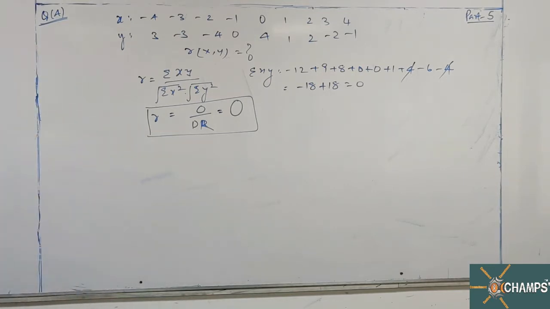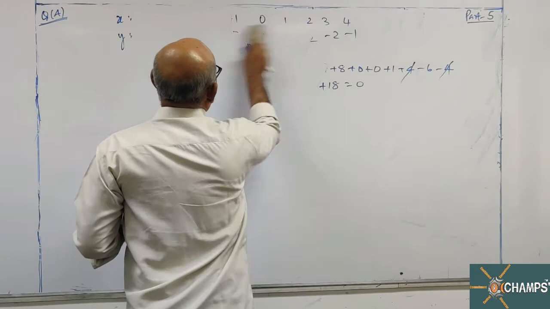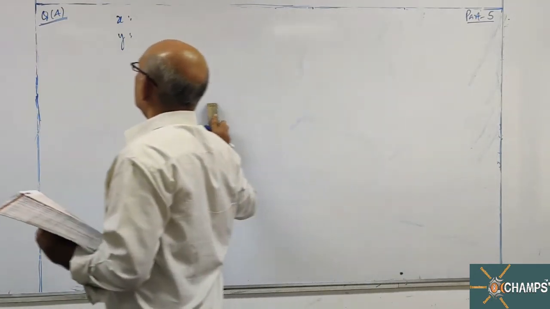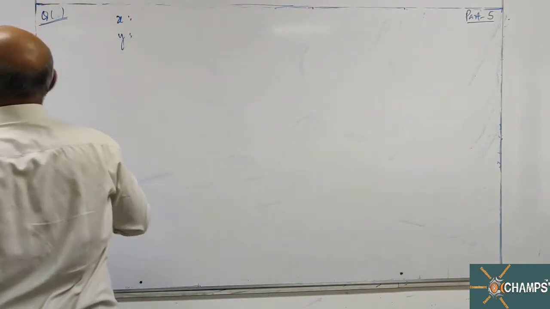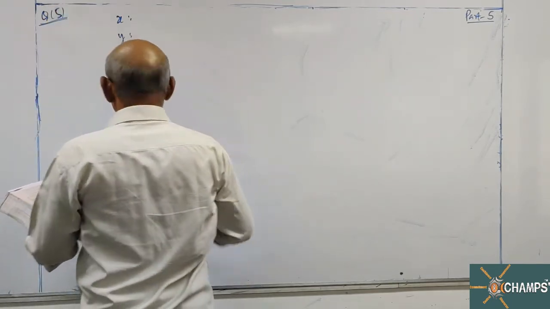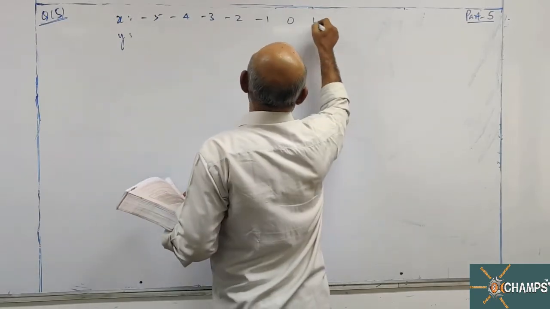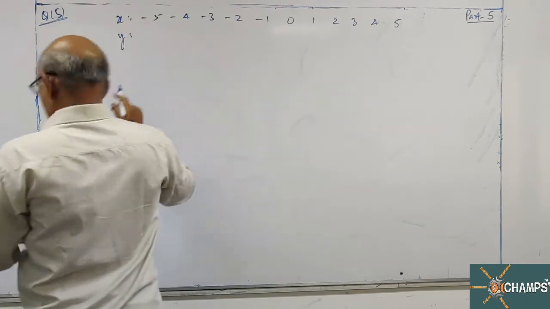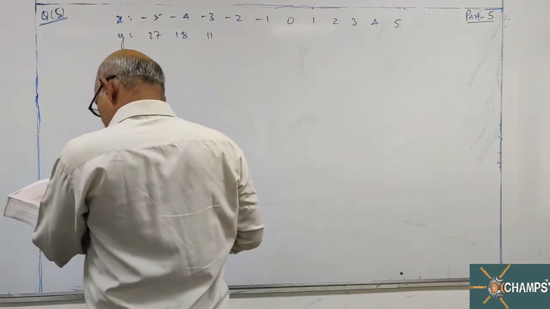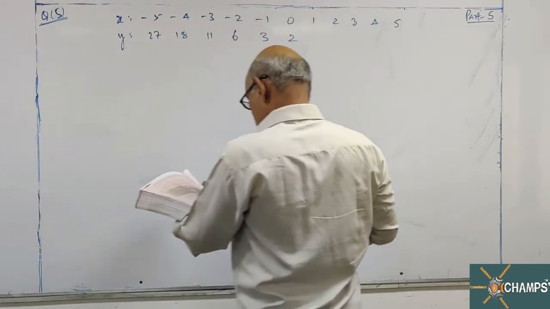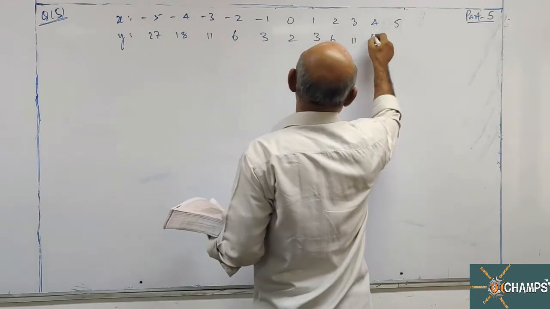Okay, let's see one more question. Question number 5. x is -5, -4, -3, -2, -1, 0, 1, 2, 3, 4, 5. y is 27, 18, 11, 6, 3, 2, 3, 6, 11, 18, 27.